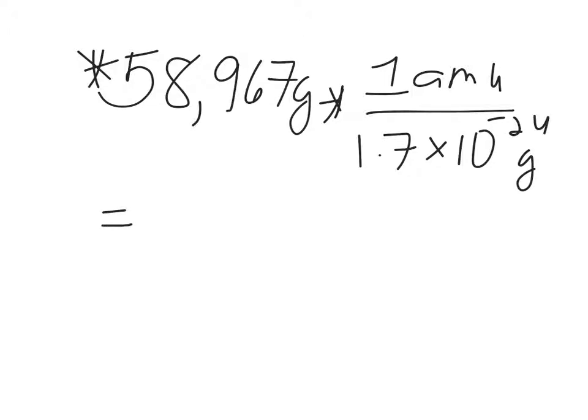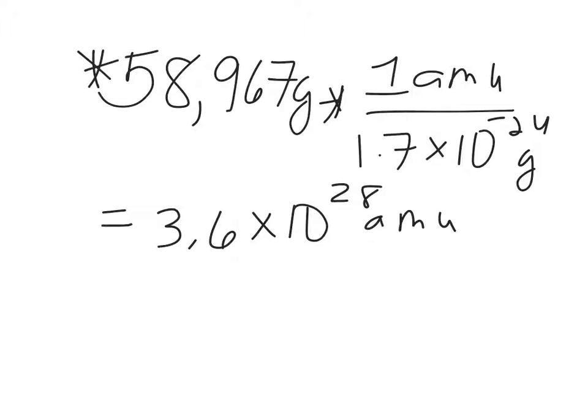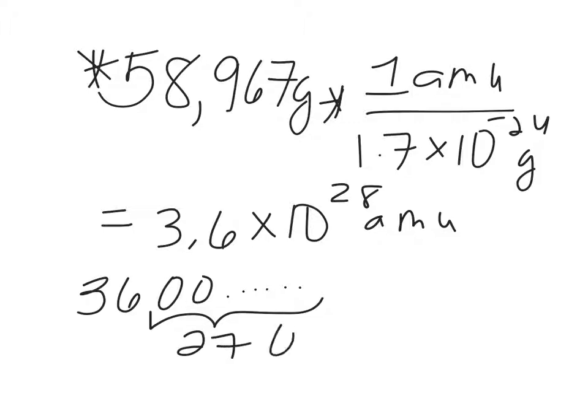That's equal to 3.6 times 10 to the 28 atomic mass units. That would be the same as writing 3600... In fact, I would have to write out a total of 27 zeros to write this number out.